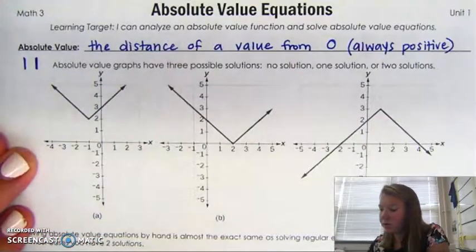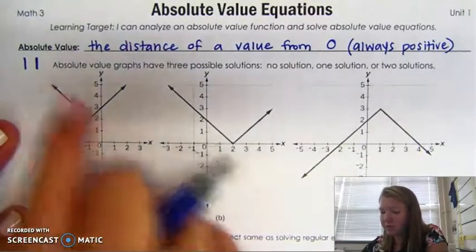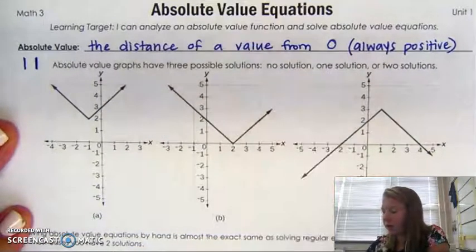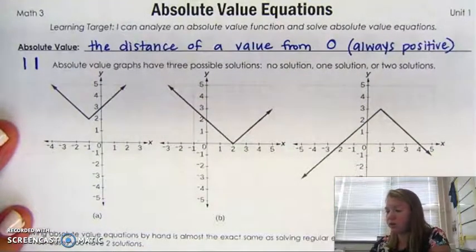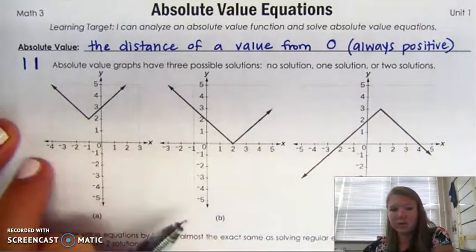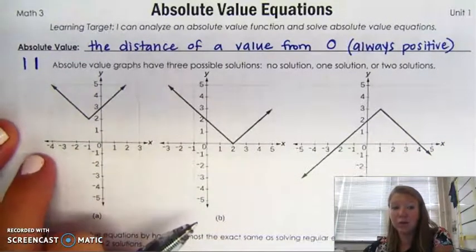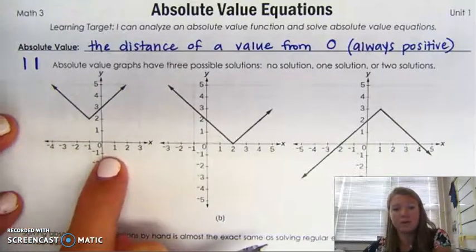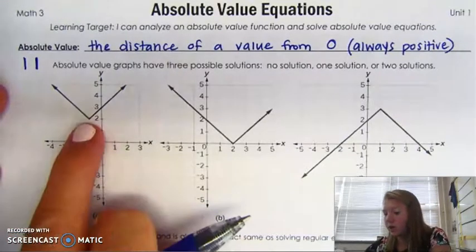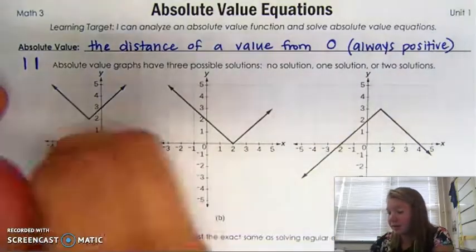The graph of absolute value creates a V shape, and there are 3 possible options for solutions for an absolute value function. This first graph does not cross the x-axis, and we know that wherever we cross the x-axis is our solutions for that function. So since this does not cross the x-axis, no solution.